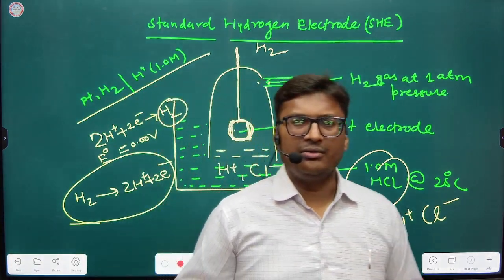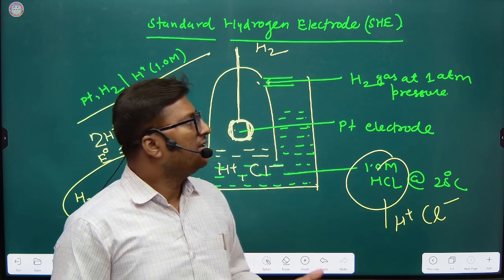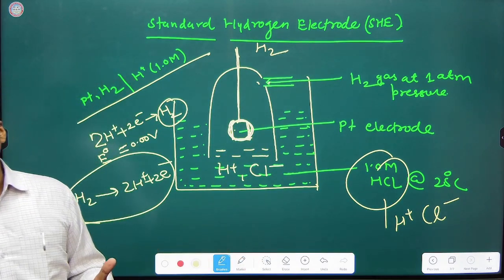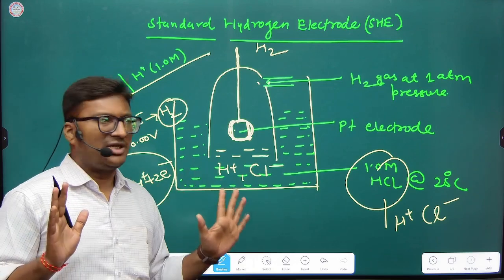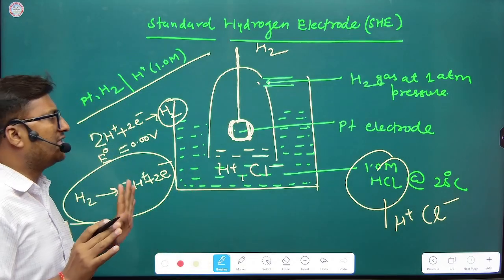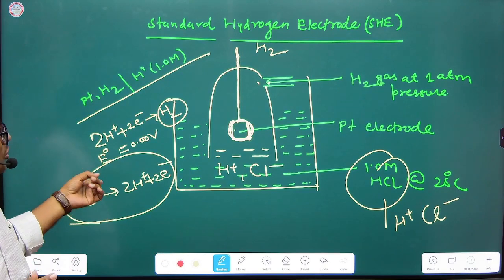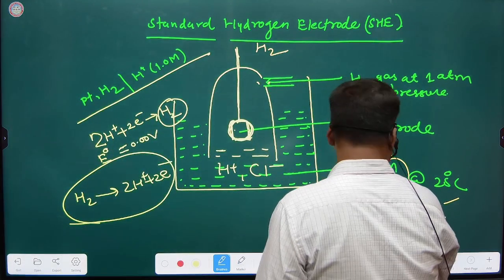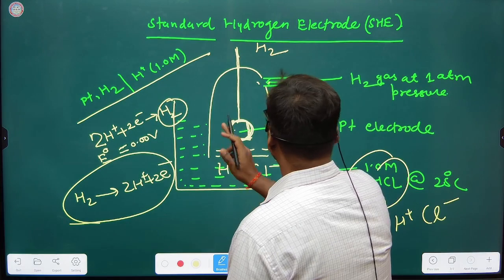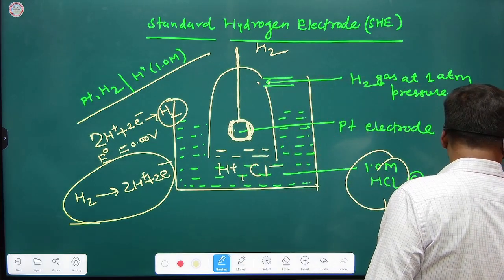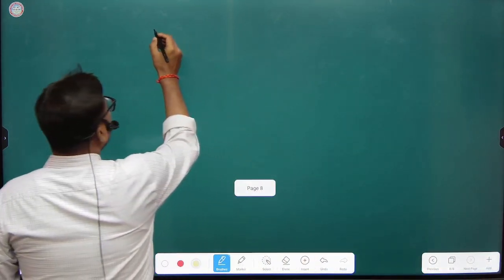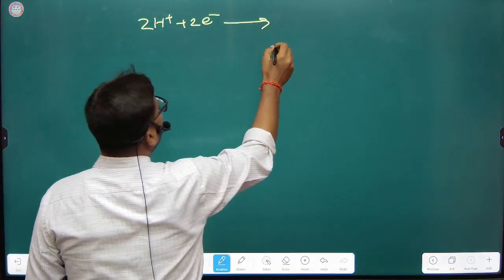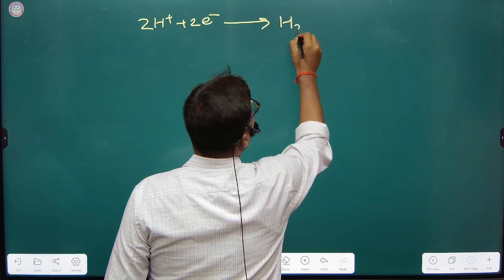By adopting this kind of electrode, we can couple another electrode to construct an electrochemical cell. So it acts as a reference electrode, and it has a zero standard reduction potential. Now we want to write the Nernst equation for this electrode. Suppose we have a reaction like 2H plus plus 2 electrons giving H2, right?